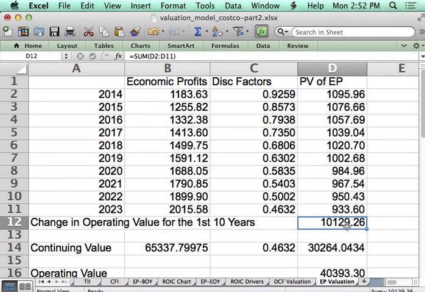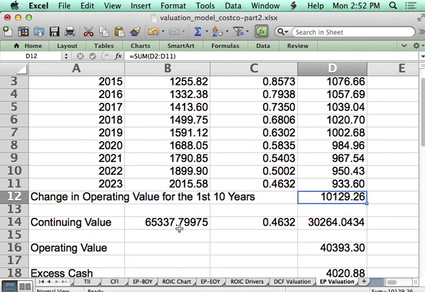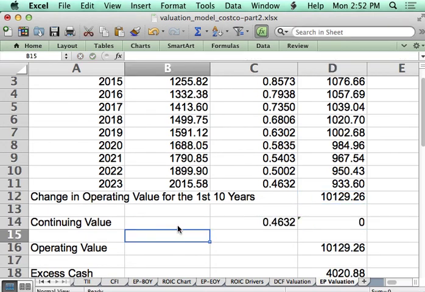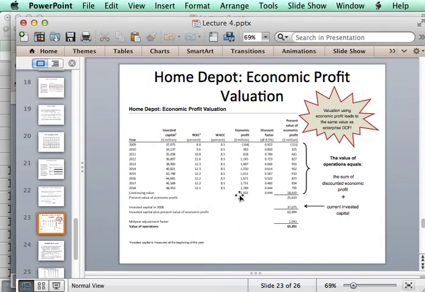Okay. Now, I'm about to do a continuing value, but it's a different continuing value equation. The other thing, I'll go back to the PowerPoint, is in addition to adding in the continuing value and the operating value for the 10 years, I also add in my beginning invested capital.